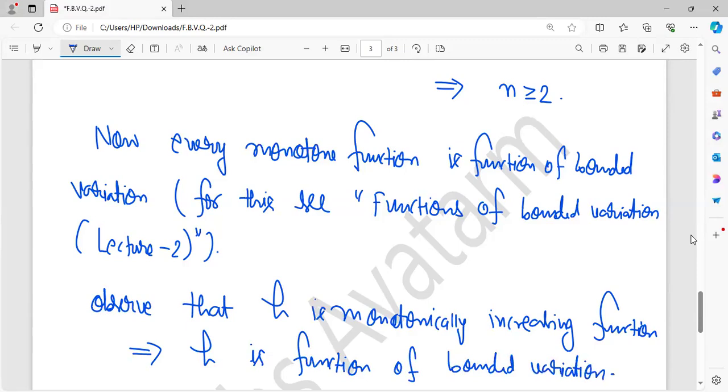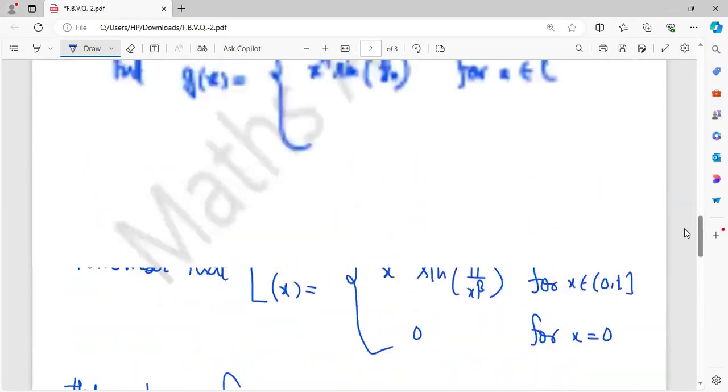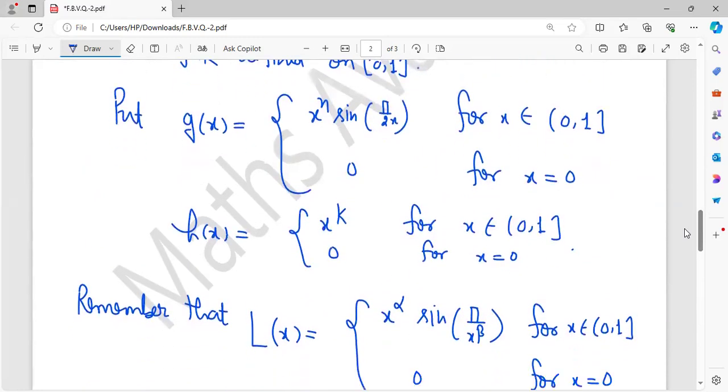So g and h both are functions of bounded variation. But note one more thing, that f_{n,k} is nothing but g minus h, because f_{n,k} is the difference of g and h, and g and h are functions of bounded variation.